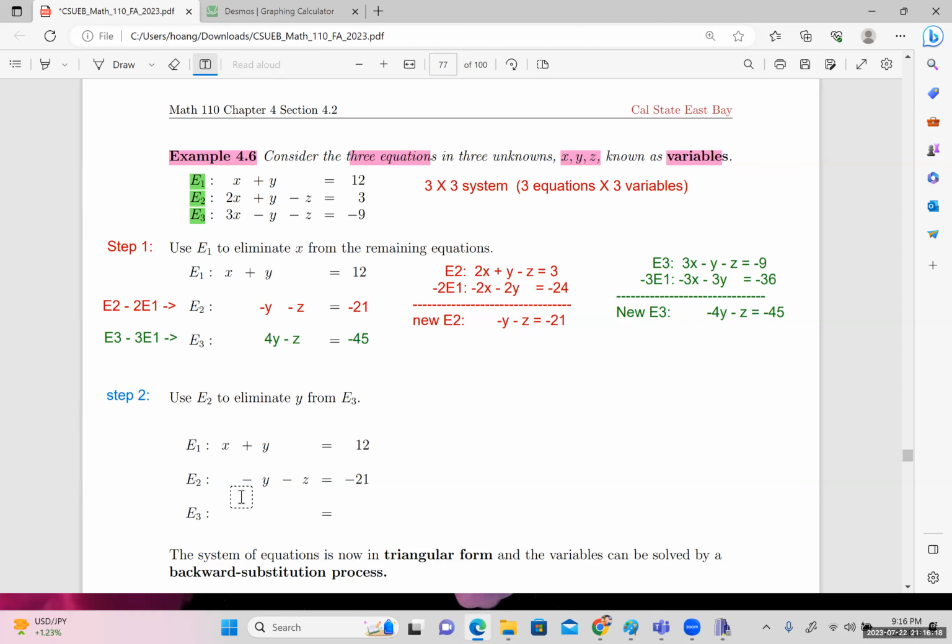We're going to use equation 2 to eliminate y from equation 3. Okay, so actually we change equation 3, right? So to equation 3, we need to add something multiplied by equation 2, right? So what is that? Let's write it out. So write equation 2 first.